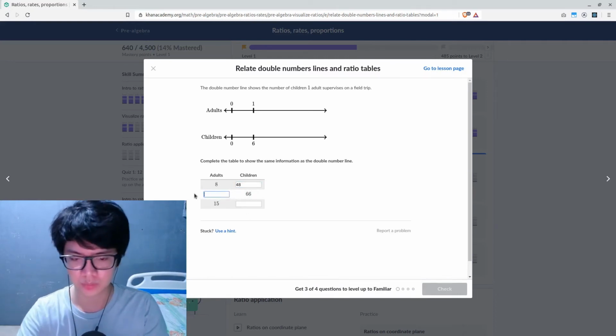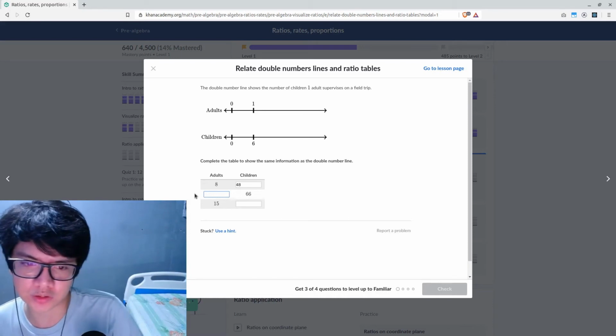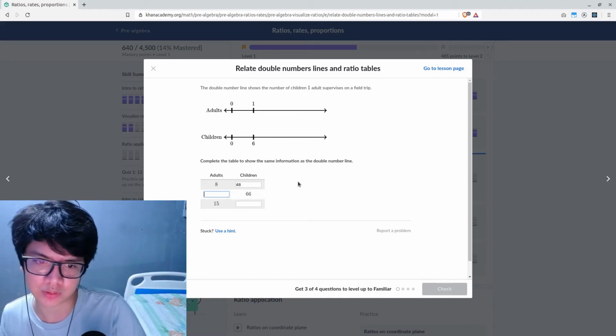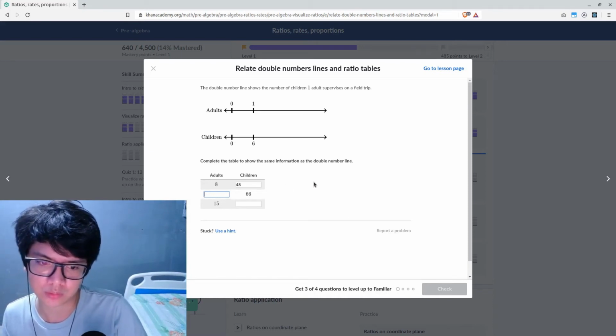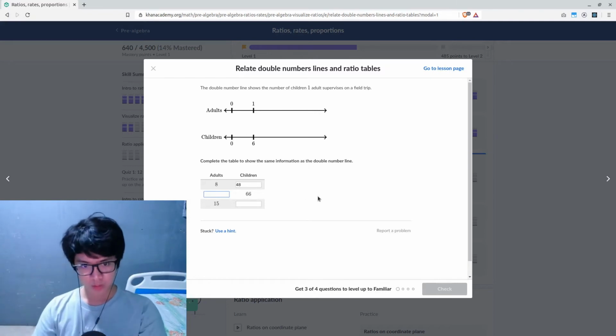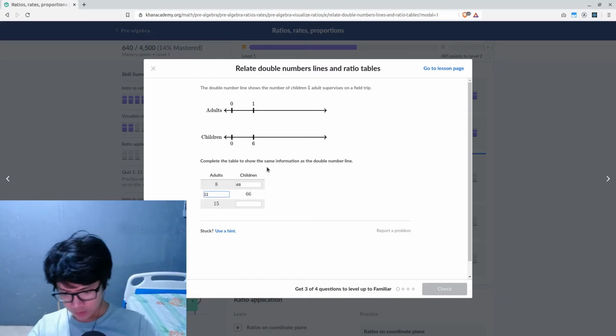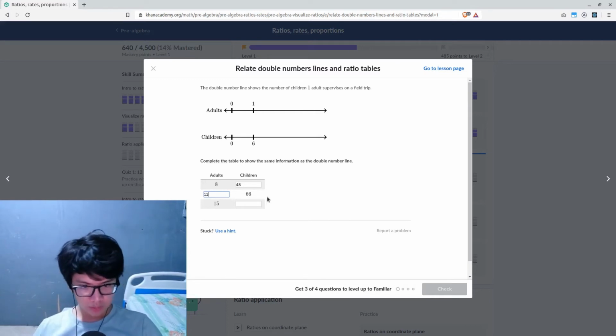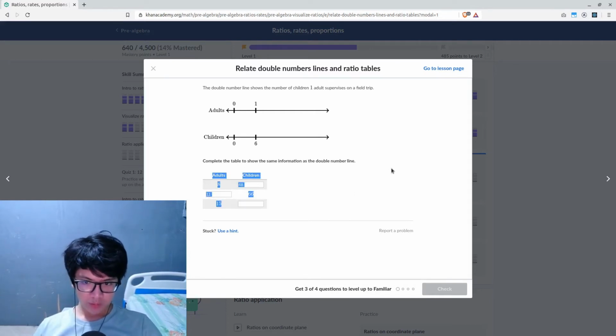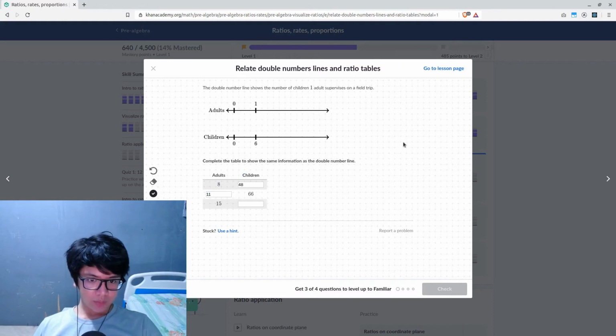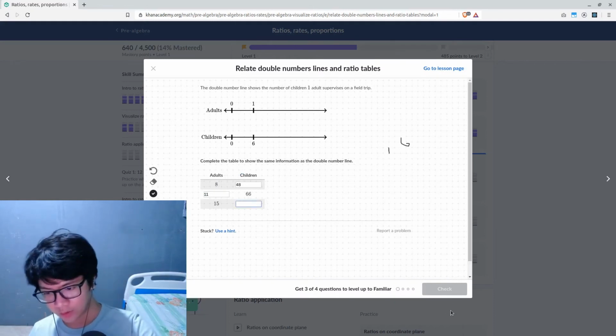Wait, what? 6 is 6, it's times 11, so 8 times... Wait, what? No. Yeah, I guess it's gonna be like 11. 15. 6 times 15. I guess it's 90.